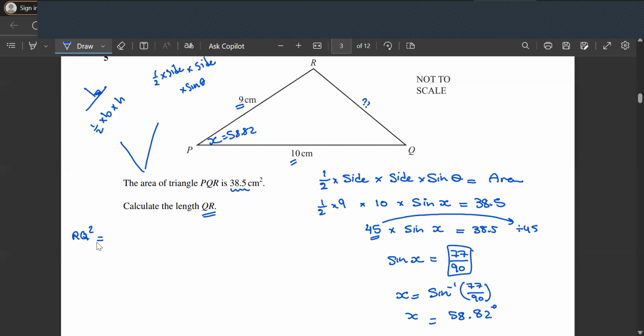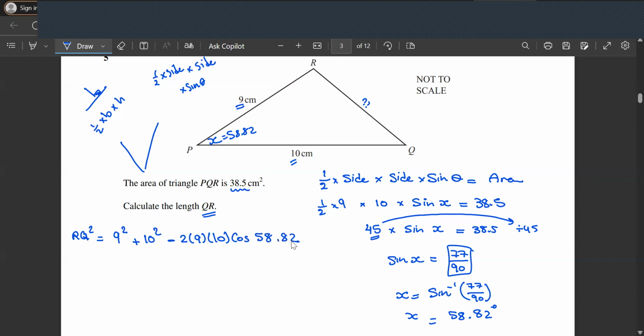Let's start. Do not get confused in this rule, please. RQ squared equal: first, write the two sides squared, 9 squared plus 10 squared, minus 2, open the bracket, 9 and 10 without squares, cosine the angle in between, which is 58.82.